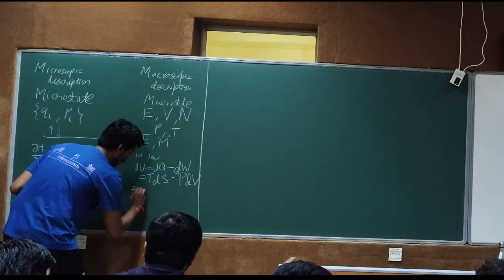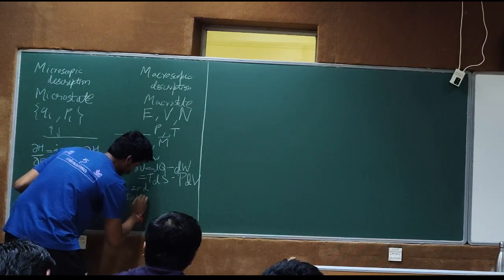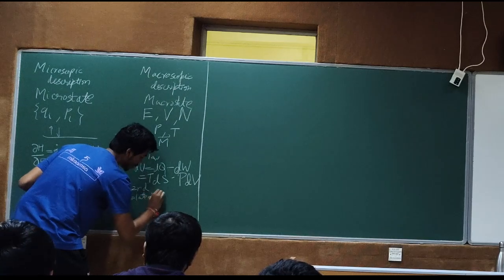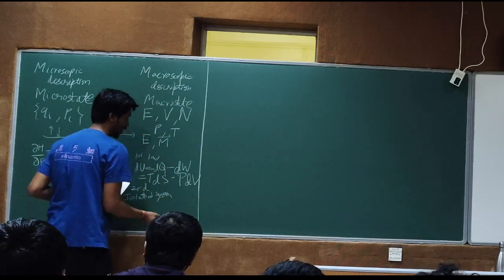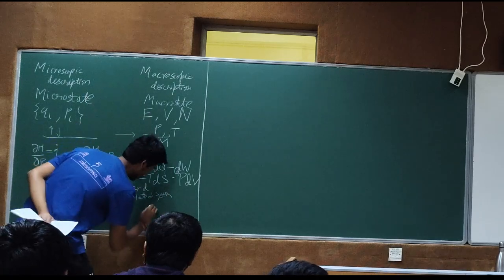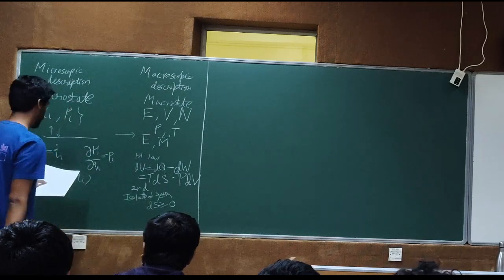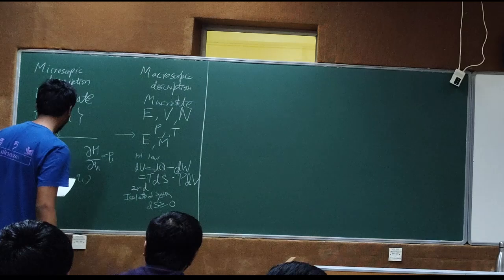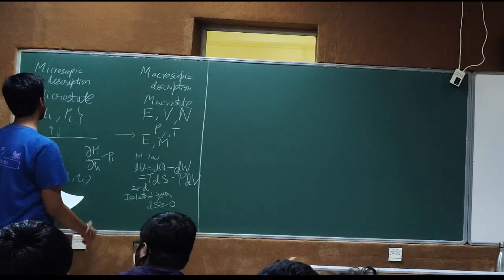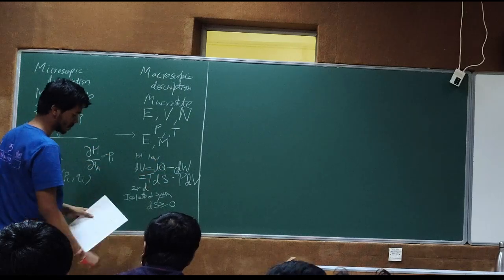And you have the second law, which says that any process which occurs in an isolated system will give an entropy change greater than 0. So your entropy will always increase in any process in an isolated system. So this is the microscopic description and this is the macroscopic description.